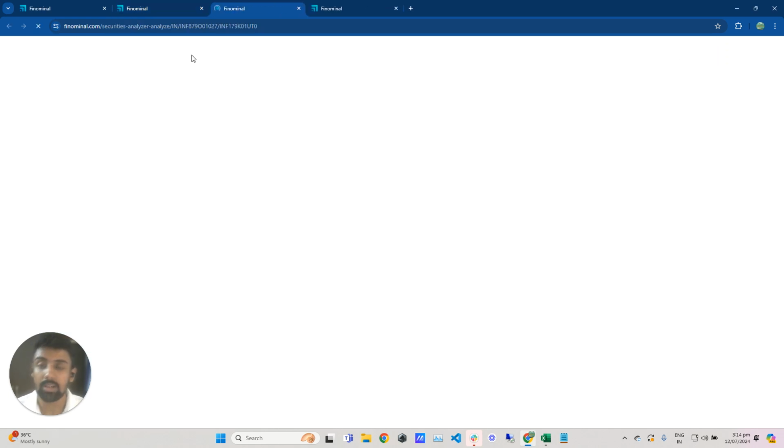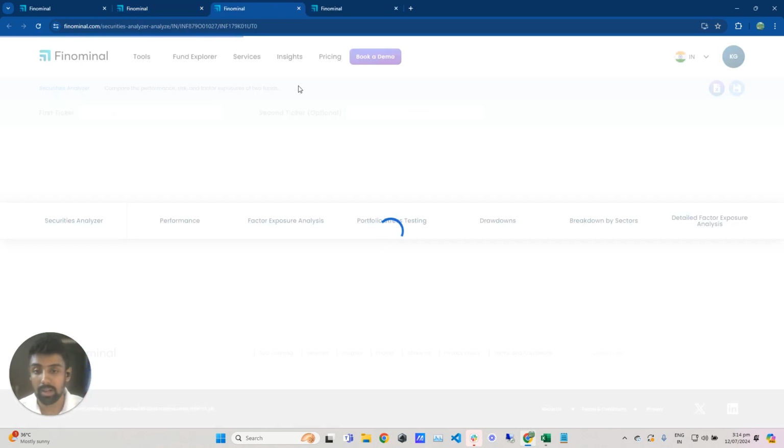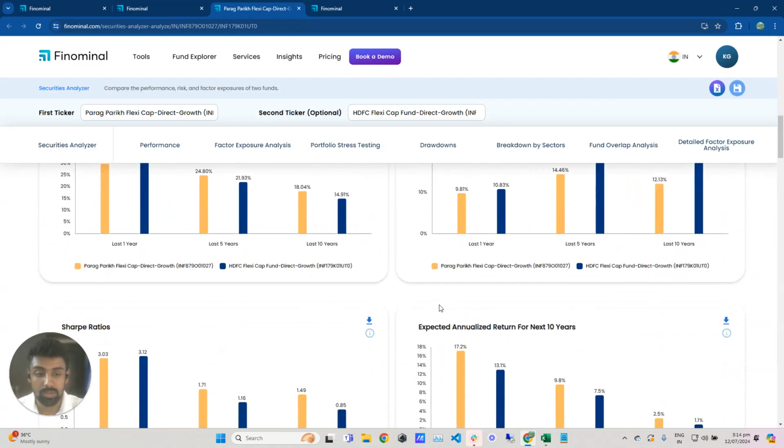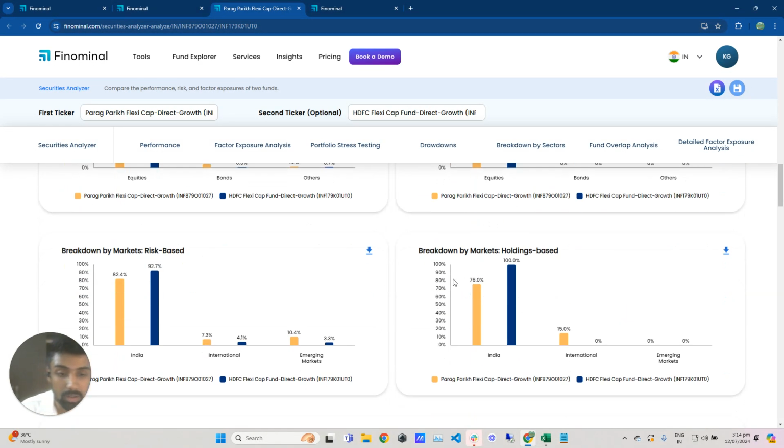I will take the Parag Parikh fund and compare it with the HDFC flexi cap fund. So here if we go down to the breakdown by markets, you can see that HDFC doesn't have any international exposure at all, whereas Parag Parikh fund has 15%. Recently it has 15%.